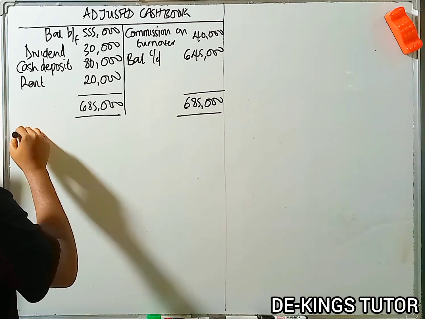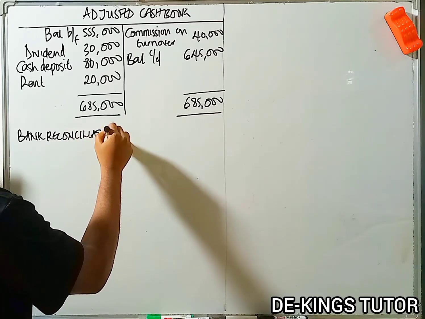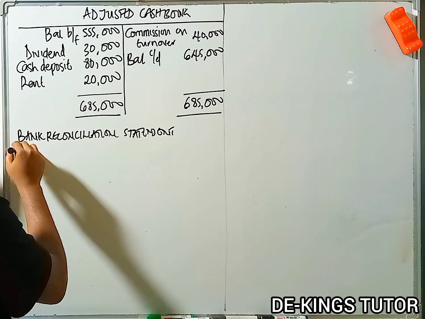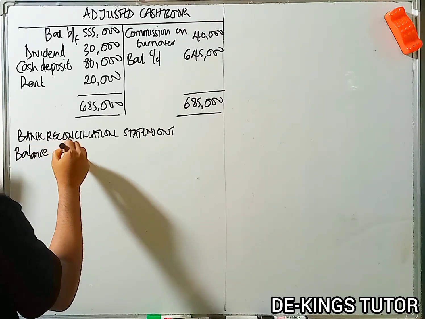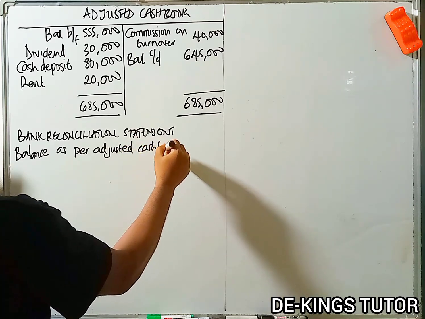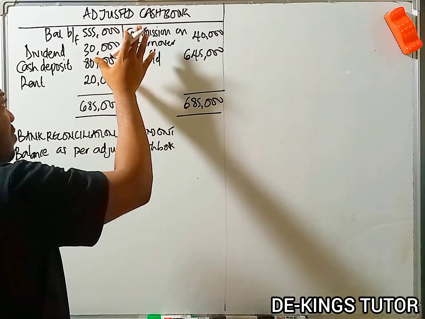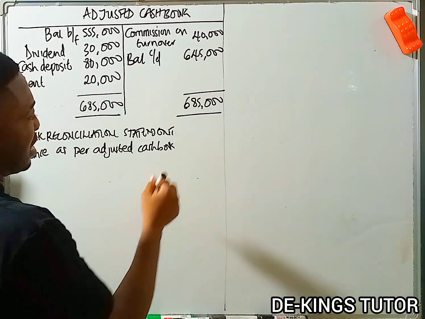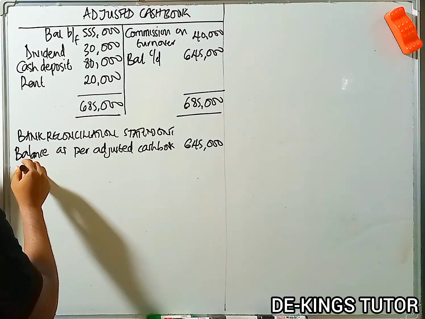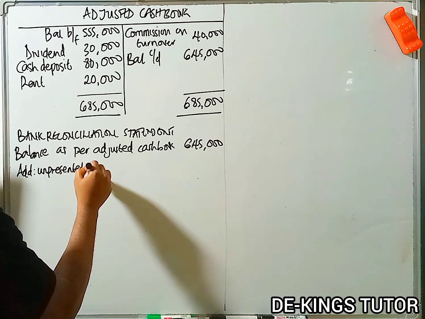So we're going to prepare the bank reconciliation statement now. So I'm going to start with balance as per adjusted cash book. And it will now be this, no longer this, because we have adjusted the cash book. So we're using balance as per adjusted cash book, which is 645,000. Okay. So we'll now add unpresented check.